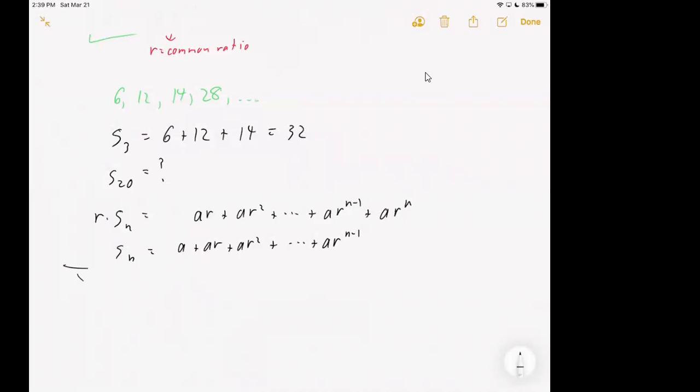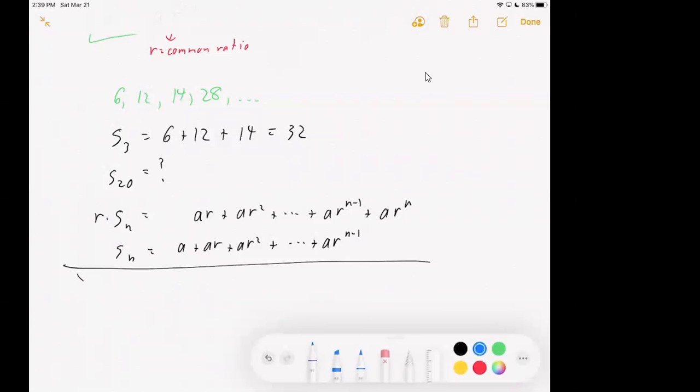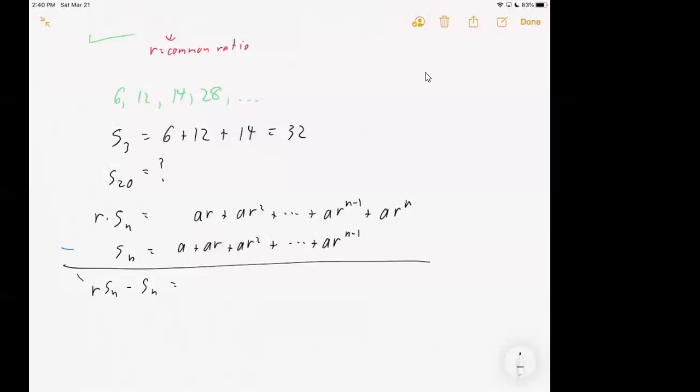And remember what our trick was? It was to take the difference between these two things. And when we did that, we ended up with r times S of n minus S of n was equal to, everything ends up canceling out when you do the subtraction except for the first and the last terms.